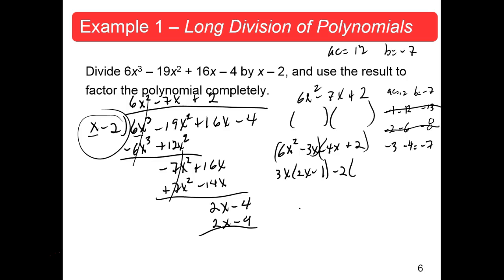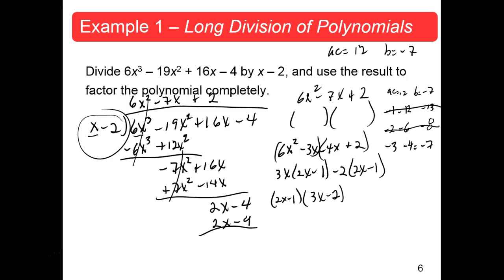And then what's left? 2x minus 1. Ding, ding, ding. We have another winner. Any common factors there? 2x minus 1. And what do you have left? 3x minus 2.